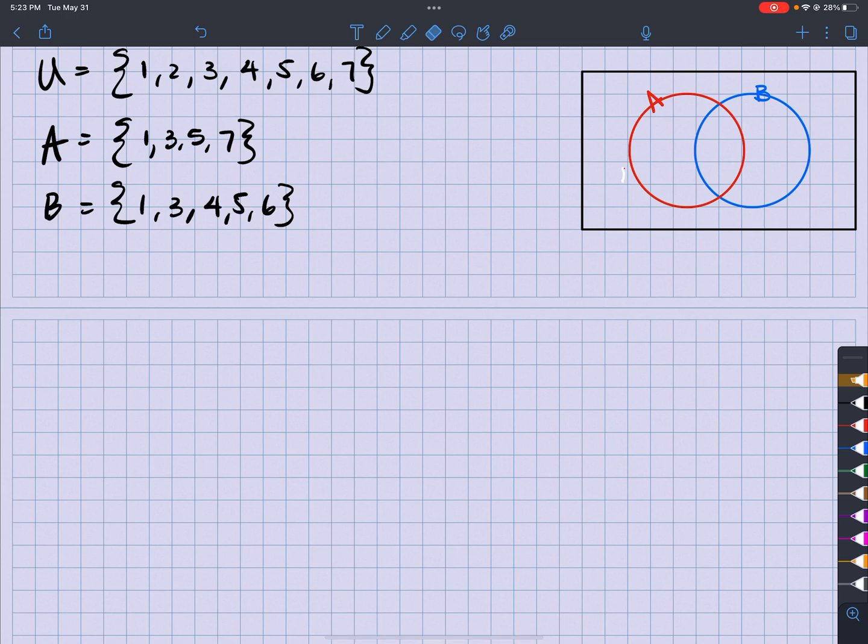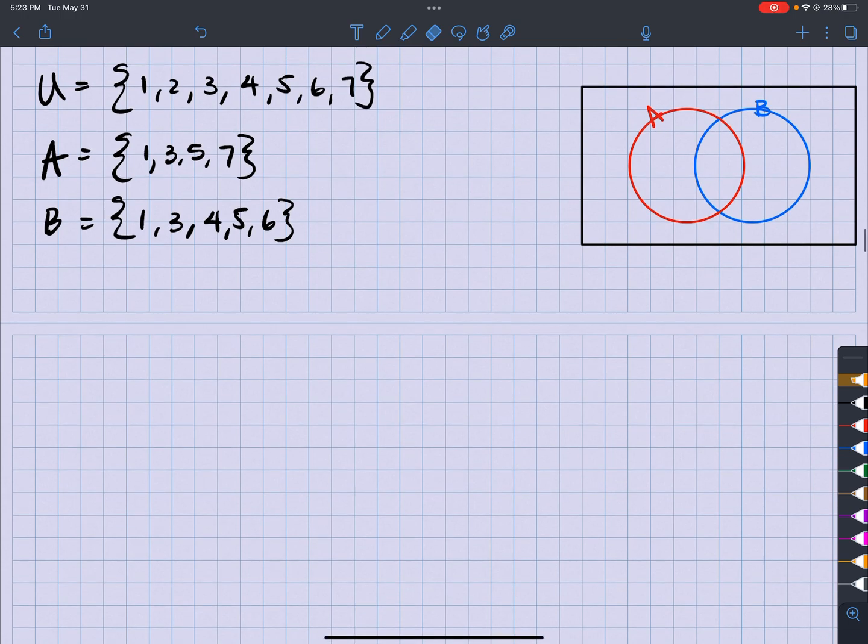I got A's and I got B's right there. So what do they have in common here? They have 3 in common. Oh, they have 1 as well. Sorry. They have 1. They have 3. They have 5. Right? So that's what's in common in the 2.